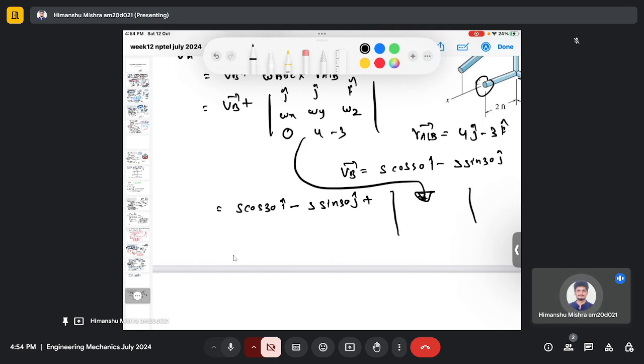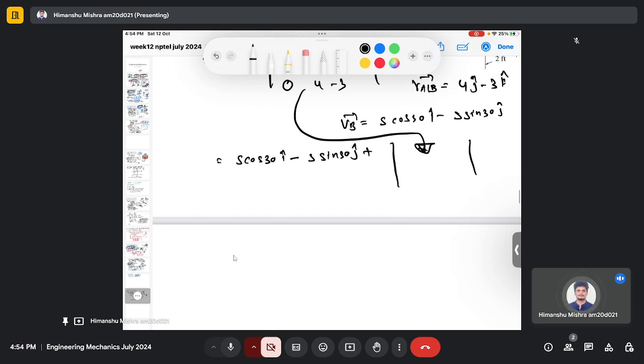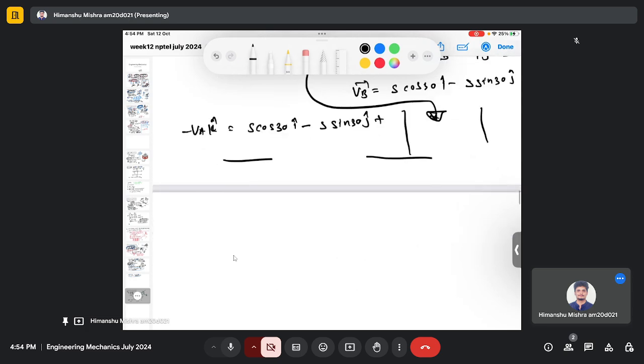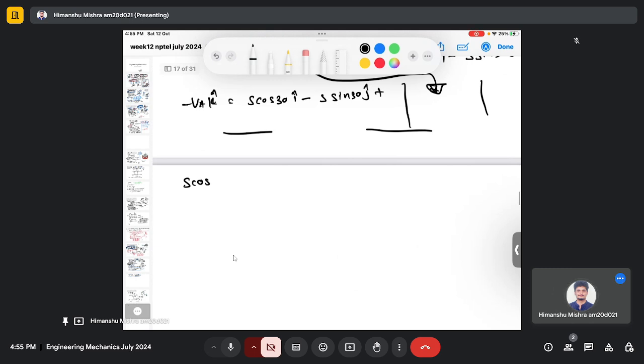As we have seen in the previous problem, this is the vector equation, and we can decompose it into three equations, in the x direction, y direction, and z direction. In the x direction it is 5 cos 30 equals minus 3 omega y plus 4 omega z.